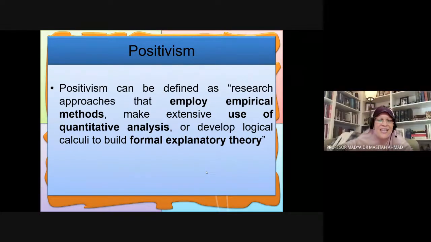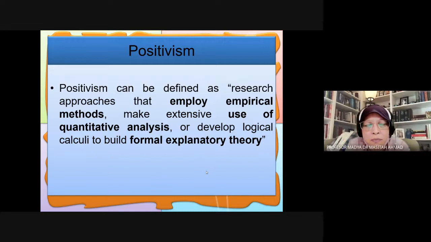Okay, so next is positivism. When we talk about positivism, it can be defined as a research approach that employs empirical methods, making intensive use of quantitative analysis or developing logical calculi to build formal explanatory theory.